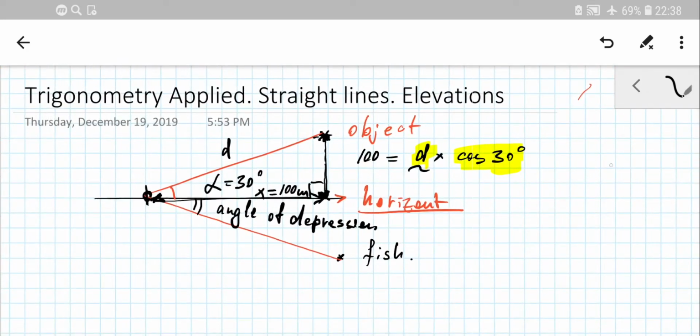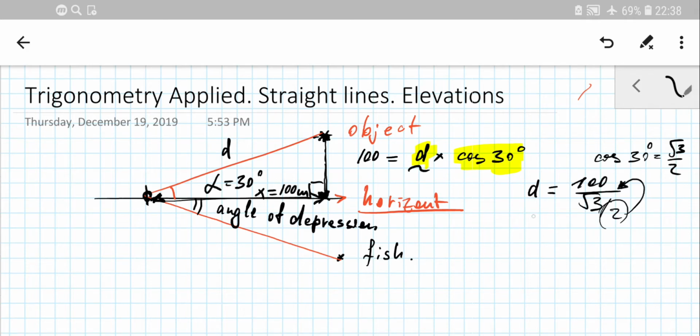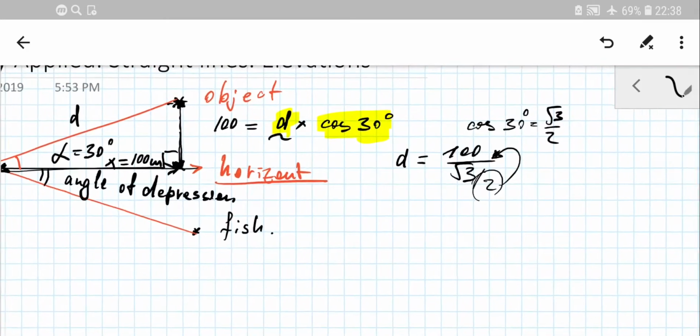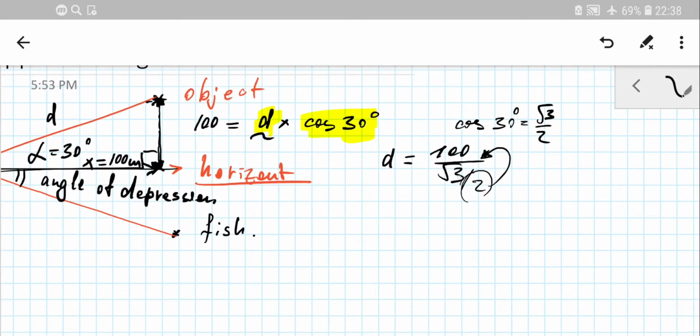So cos 30 is square root of 3 over 2. That's a standard value. So from here we can figure out the distance: it's simply 100 over square root of 3 over 2, and the 2 actually goes up. This is the way fractions work. If you divide by a fraction, you actually multiply by the reciprocal.